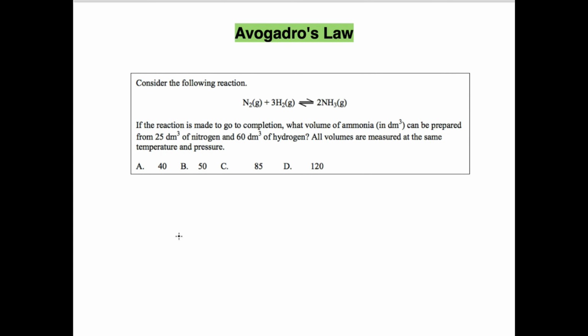Let's look at this question. Consider the following reaction. If the reaction is made to go to completion, what volume of ammonia, this is a product, can be prepared from 25 decimeter cube of nitrogen and 60 decimeter cube of hydrogen. All volumes are measured at the same temperature and pressure.